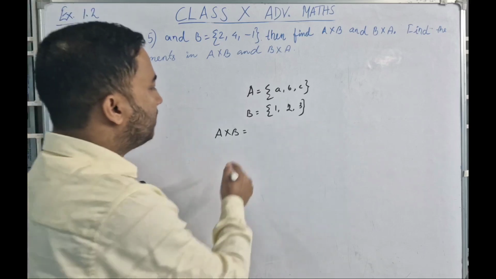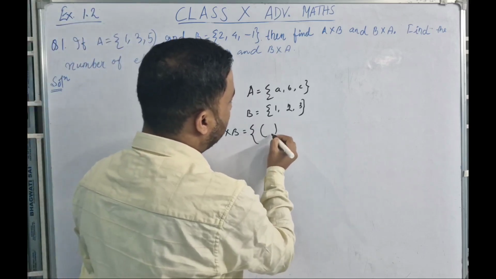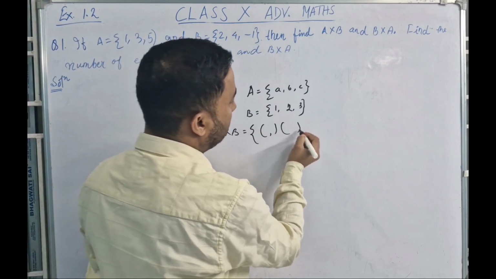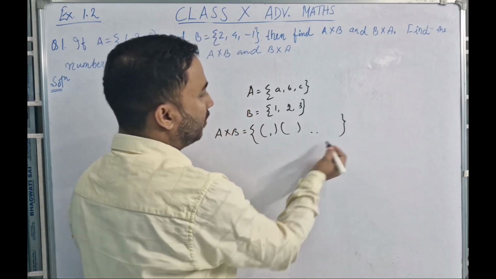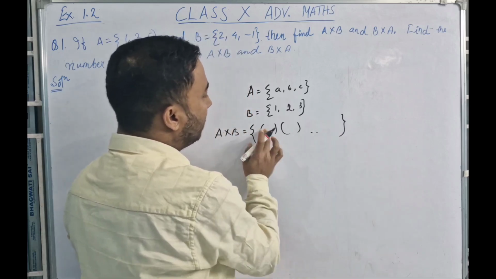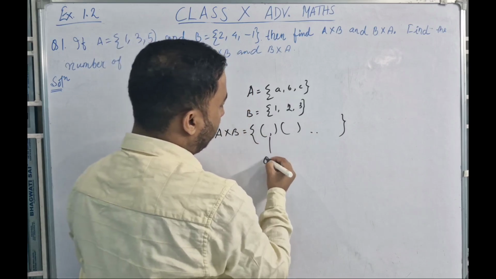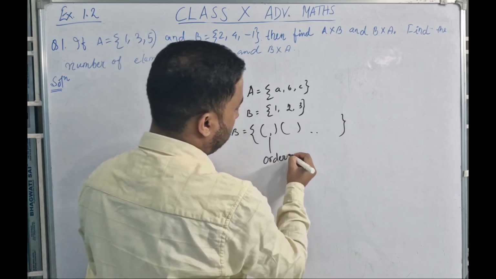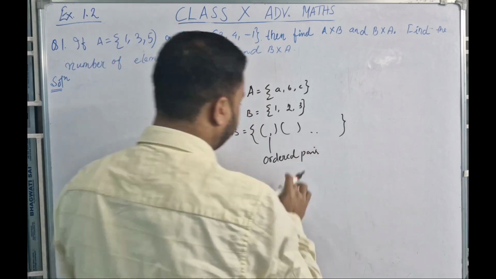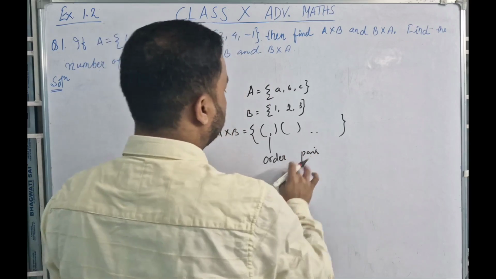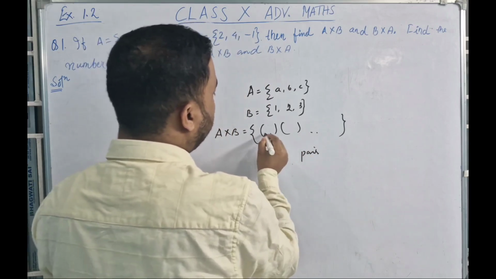Now A cross B will look like this, where the elements will be inside this bracket, and after that we have to close the bracket again. Here, this is called an ordered pair.